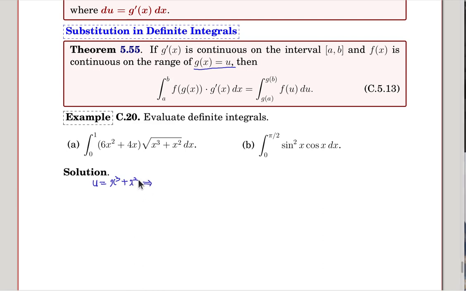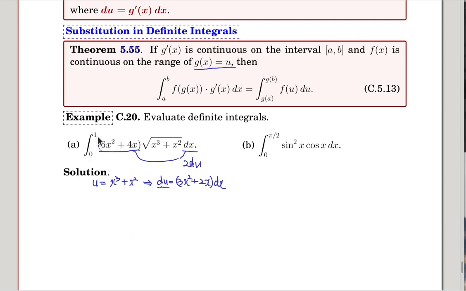Then from this, du equals 3x squared plus 2x dx. So this portion and that portion is twice of that, so these two will make 2 du, right? Okay, in this way, you have to find the derivative of g times dx, so that you can use du, okay?